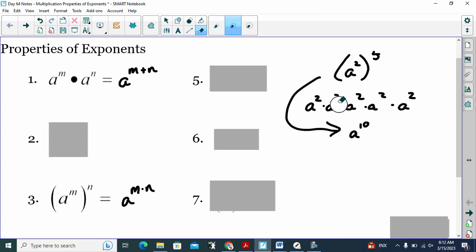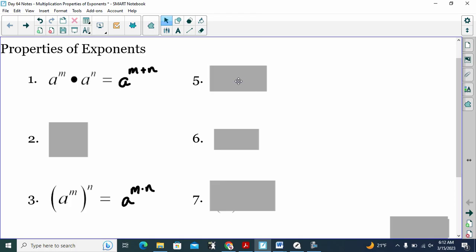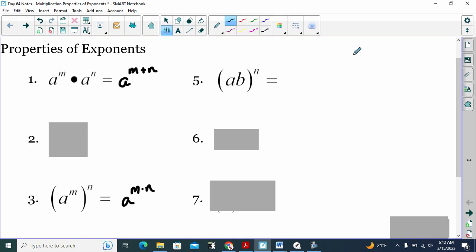One more property we're doing today, and it is number 5 here. It says if I have a quantity where I'm multiplying in there and raise it to an exponent, it'd be like AB to the 3rd. That'd be AB times AB times AB. And I'm allowed to multiply in any order I want. Multiplication is commutative.